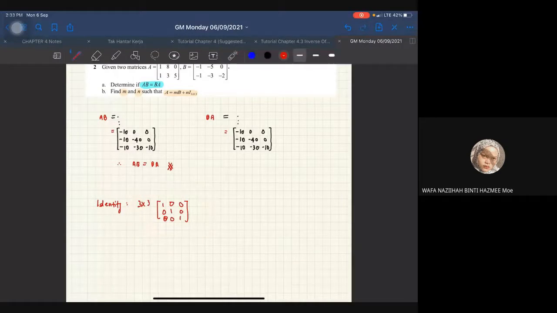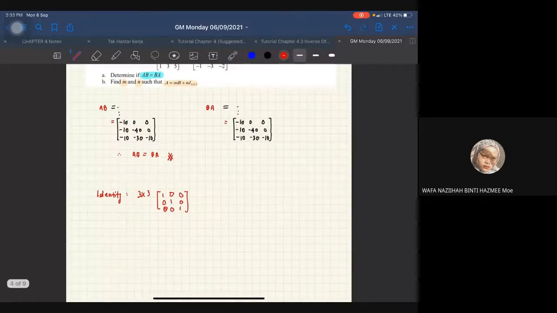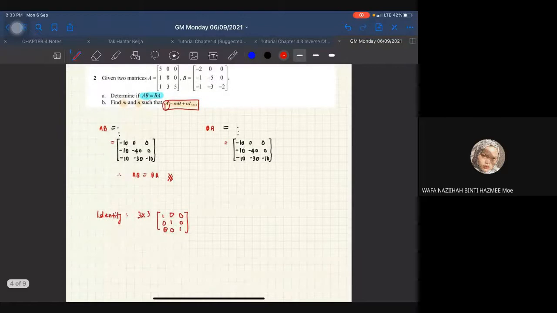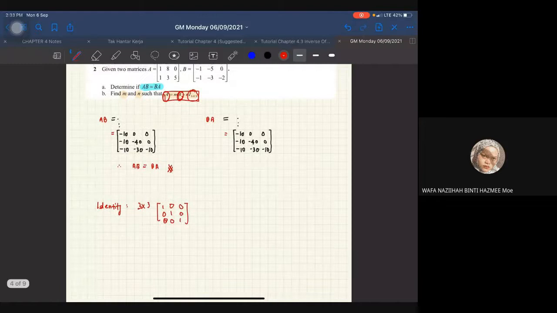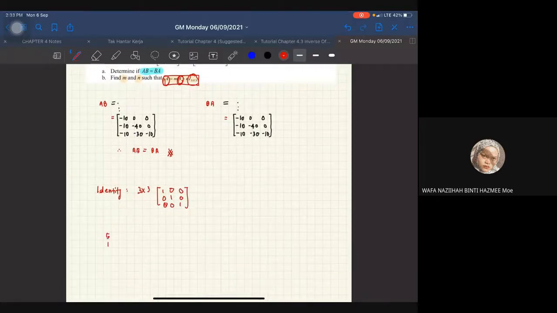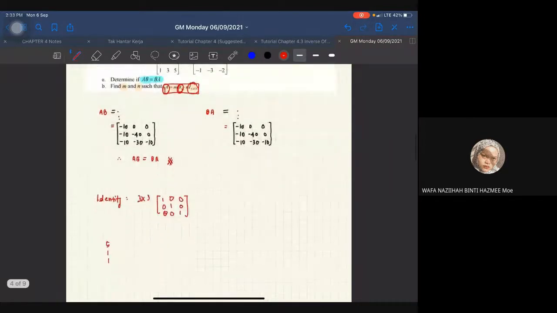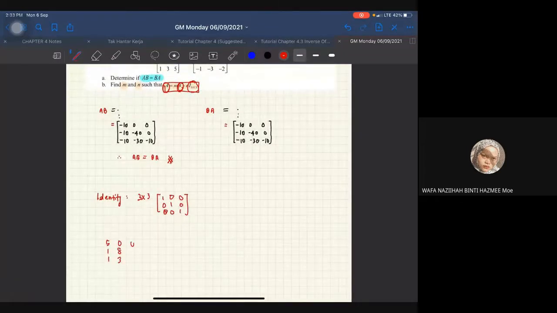Okay, so kita jadikan soalan kita kat sini sebagai satu equation. Maksudnya awak akan gantikan matrix A ke dalam. So this one is matrix A, substitute, and then this one we have matrix B, substitutekan juga, and this one identity. Okay, so awak masukkan matrix A, so we have A is 5, 1, 1, 0, 8, 3, 0, 0, 5. Okay, so this is matrix A. Dia equal to M kita tak tahu, so just write M over here.